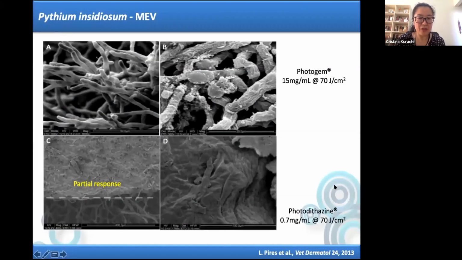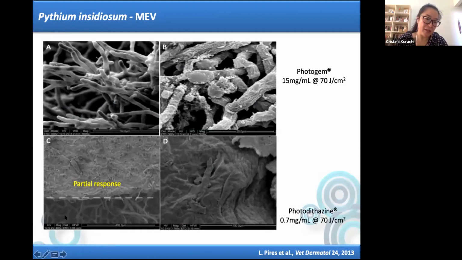Here I'm going to show you scanning electron microscopy images, where again we could check the same kind of response. With the porphyrin, we have more of a partial damage to the hypha growth here. And this is probably why we didn't achieve the highest level of inactivation, because some of those hypha may have this damage but could recover after the PDT session.